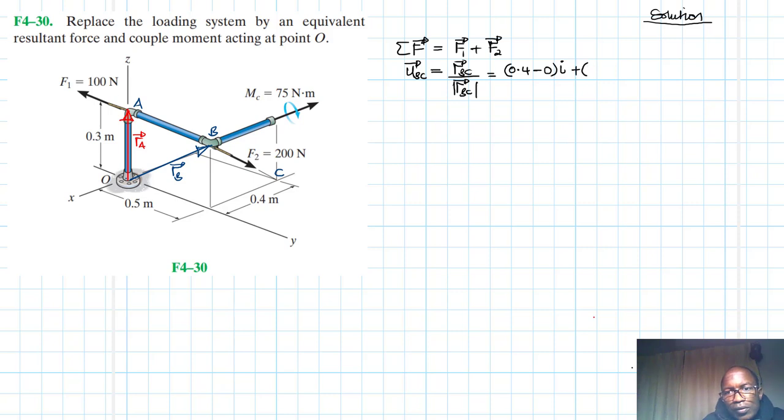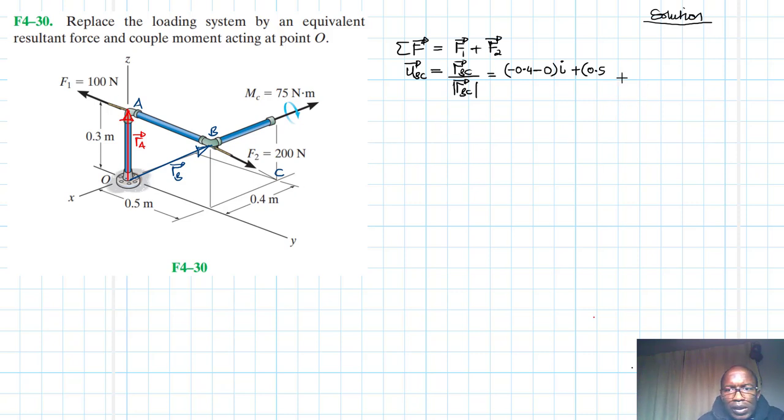Then we have the coordinates of C in the Y is 0.5, and the coordinates of B, sorry, this one is minus 0.4.